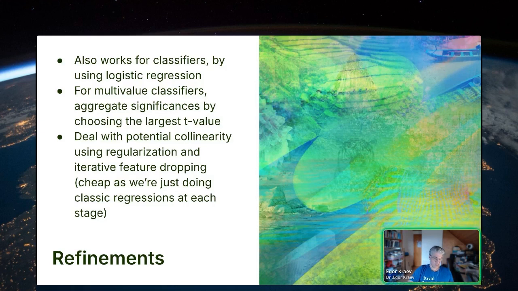And finally, we can deal with potential collinearity among the Shap values using regularization, first of all, and secondly, iterative feature dropping.